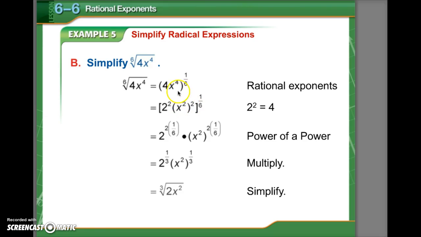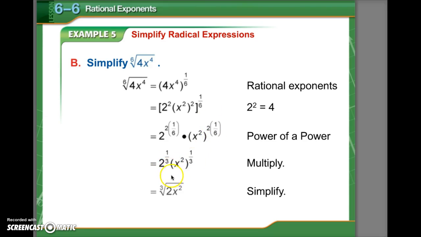Remember, 2 times 2, that's how we would have gotten this 4. So we have 2 to the second to the 1/6, and that would be 2 times 1/6. 2 over 6 reduces to 1/3. And x squared to the 2 times 1/6 power, that's 2 over 6 again, which simplifies to 1/3.